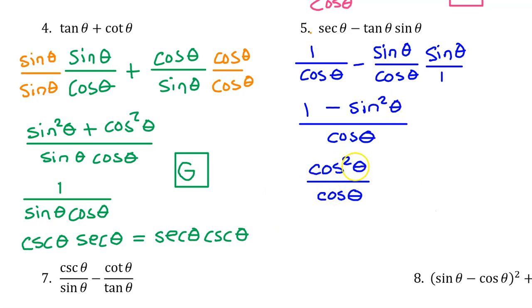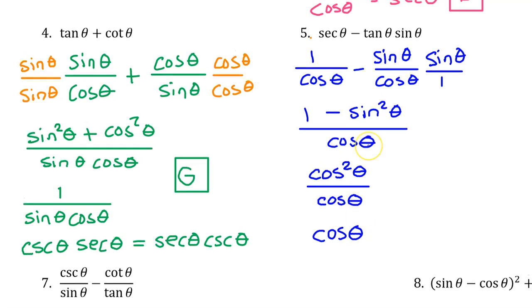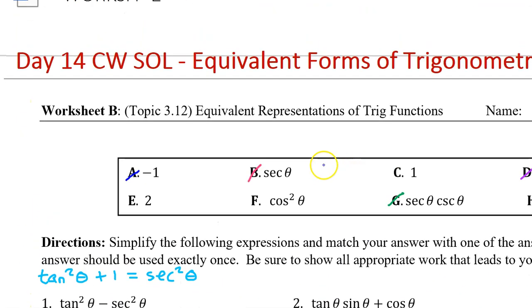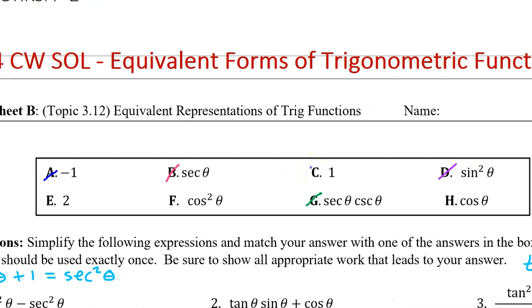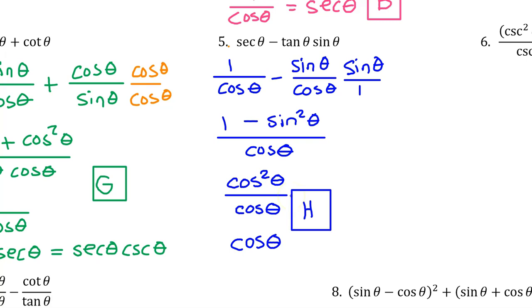Now we have cosine squared theta over cosine theta. The cosine theta in the denominator will cancel out one of the cosine thetas in the numerator, leaving behind simply cosine theta. Let's see if that's one of the options in the answer box. And there it is. The answer to number 5 is H.